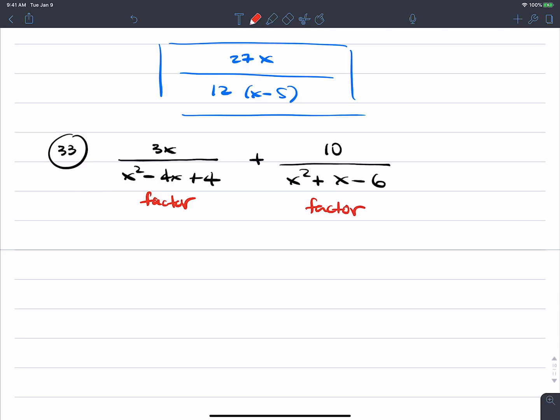So x squared minus 4x plus 4, we know when you factor is x minus 2 times x minus 2. And x squared plus x minus 6 will be x plus 3 times x minus 2. We're going to need the LCM here of the denominators.